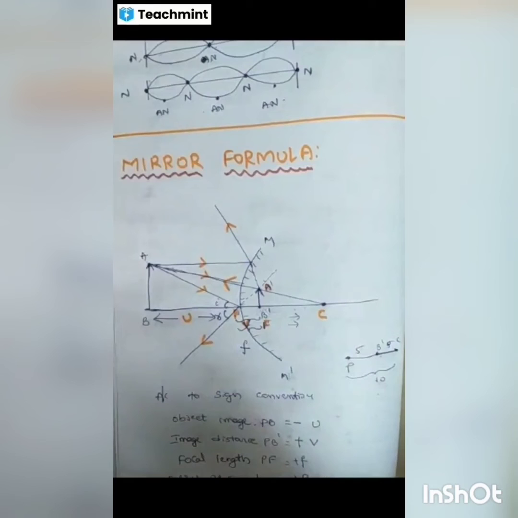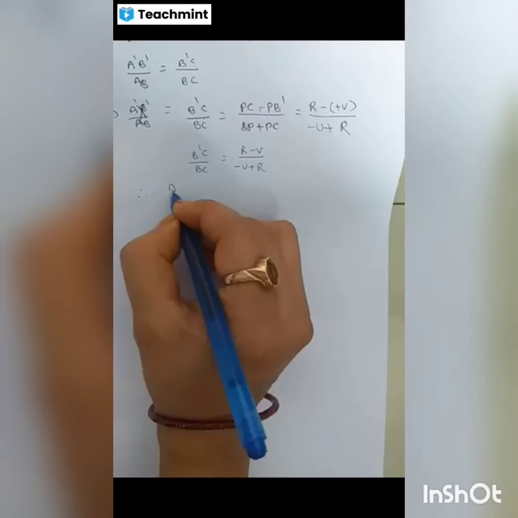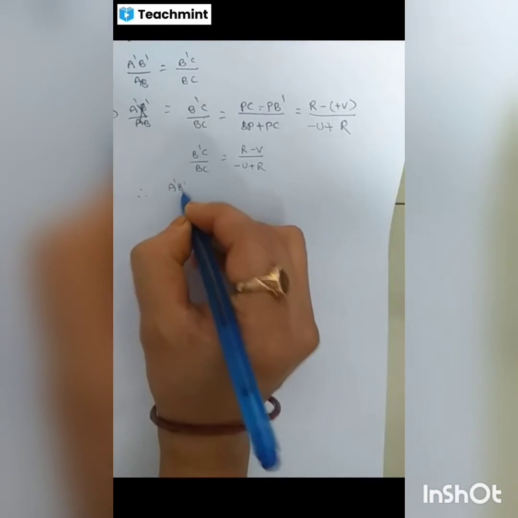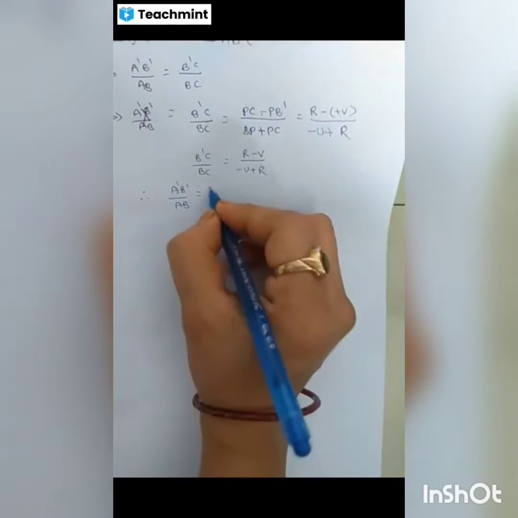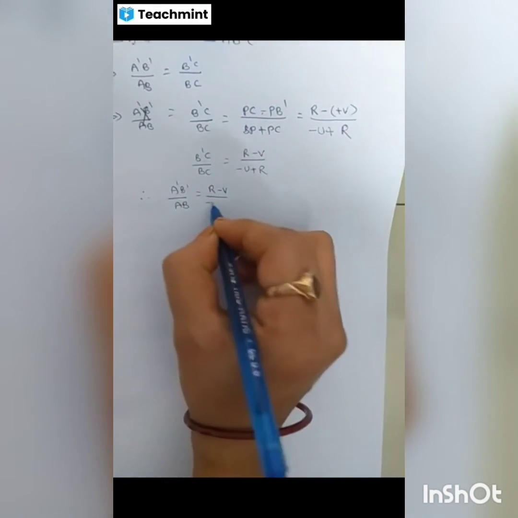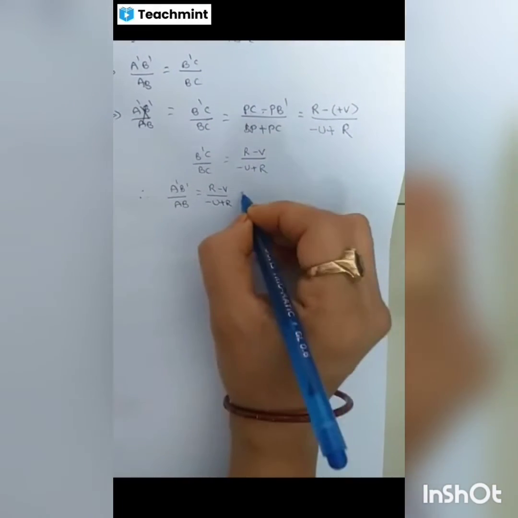Therefore, we can also write A dash B dash by AB, which is equal to R minus V by minus U plus R. Consider this equation as 1.